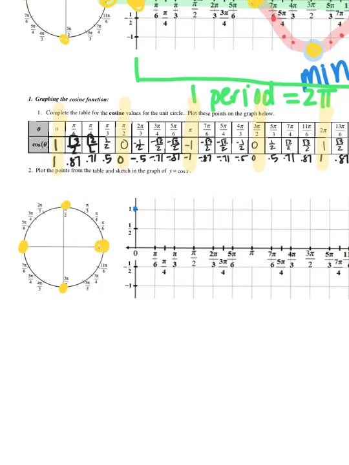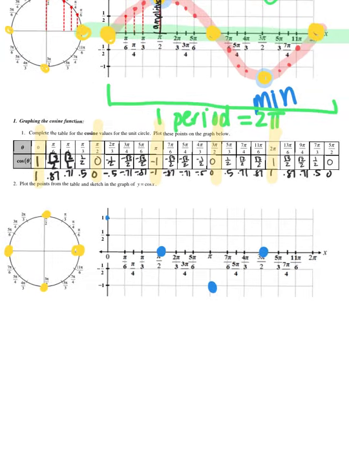So let's just do the critical values first. So I have 0 at pi over 2. At pi, I'm at -1. At 3 pi over 2, I'm back at 0. And then at 2 pi, I'm up at 1. So that's the general shape.